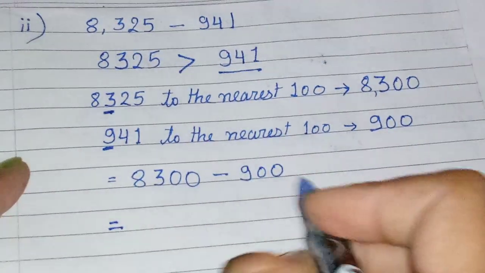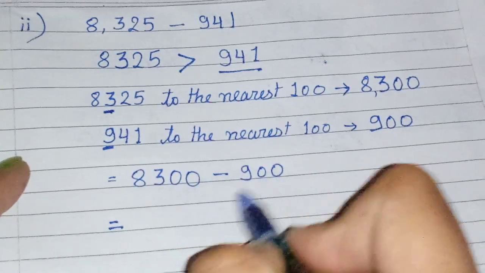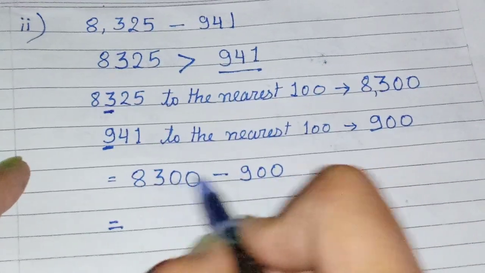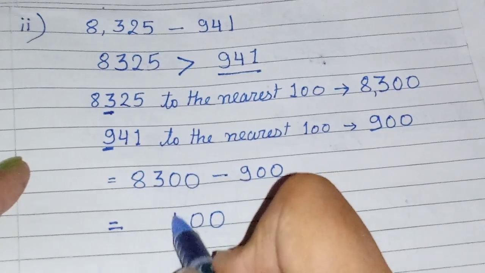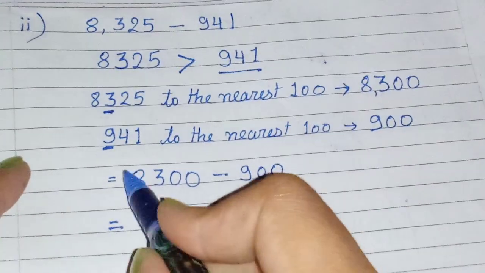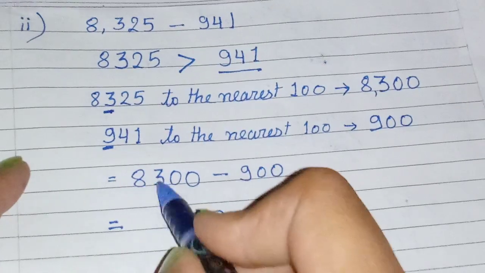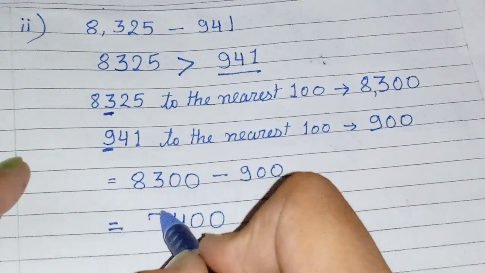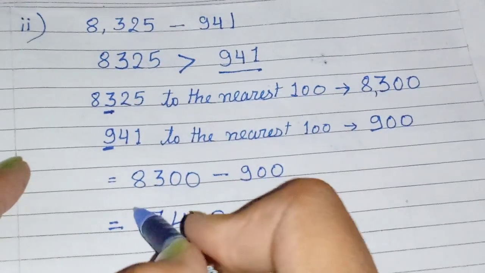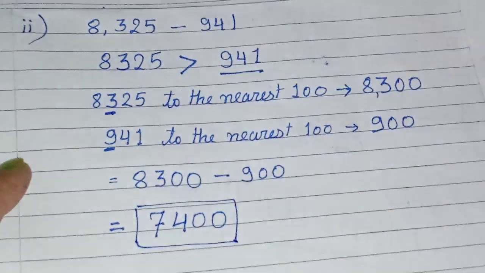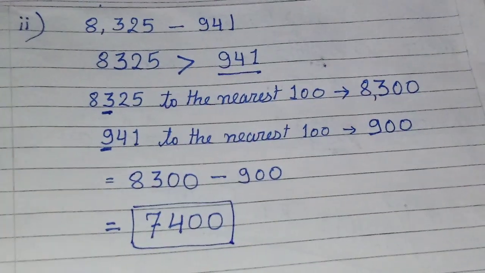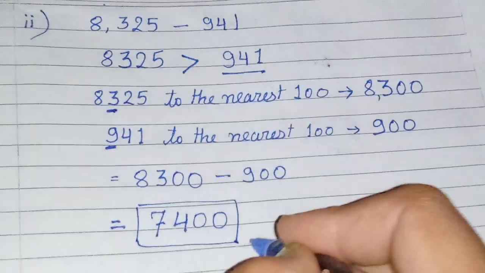Here we will get 0 minus 0 is 0, again 0, 13 minus 9 we will have 4, and this 8 will become 7 because of the borrow, then 7 will remain here as it is. So the estimated difference of these numbers is 7,400.